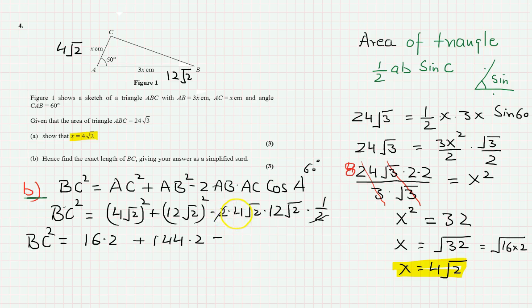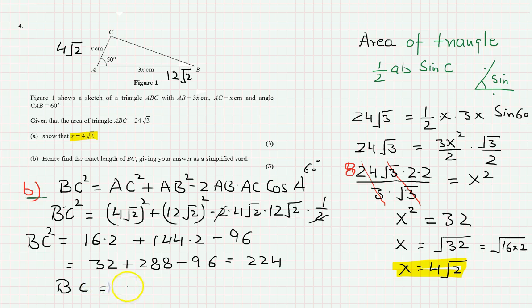12 multiply 4 is 48 and 48 multiply 2 is 96. Let's confirm it. So this is 96. So this is 32 plus 288 minus 96. So this will be 224.